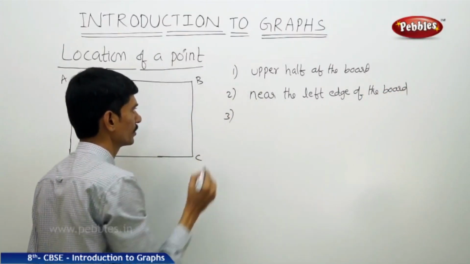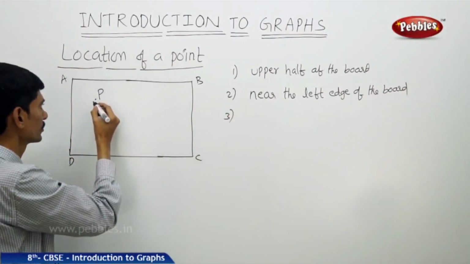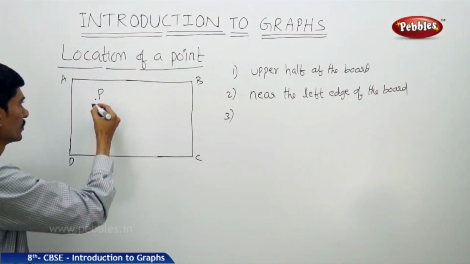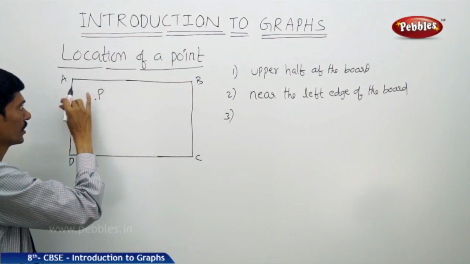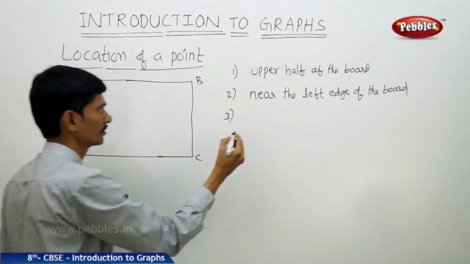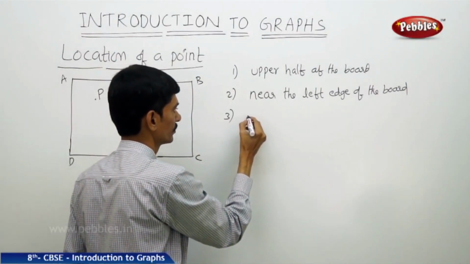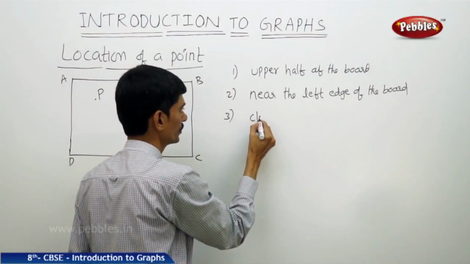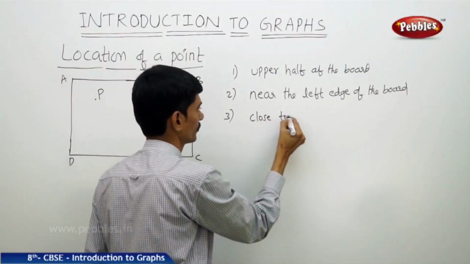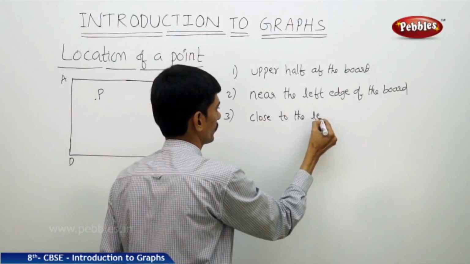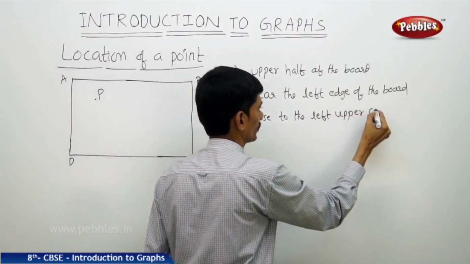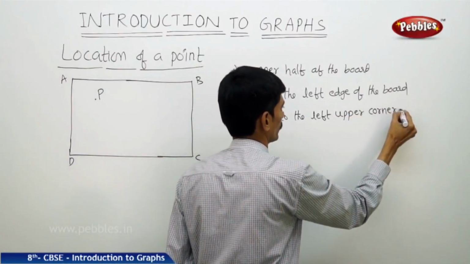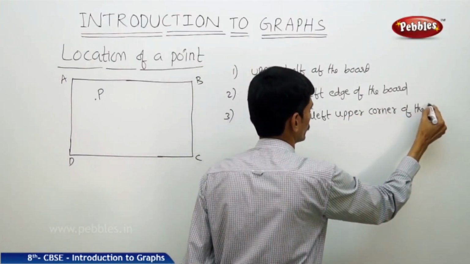Then the third student also said that the point is in the left upper corner of the board. So left and upper corner means the point is close to the left upper corner of the board.